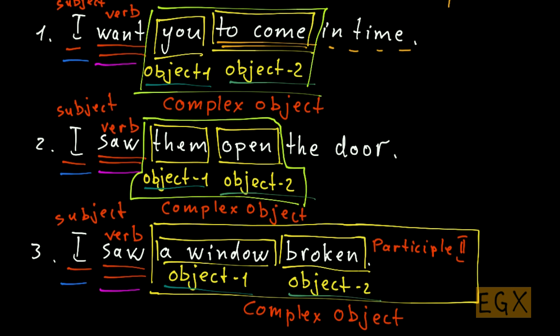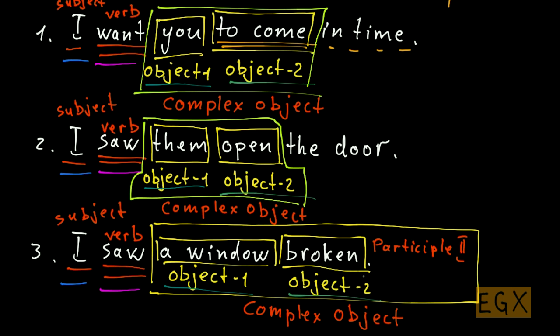The only difference is between the objects number 2. In the first sentence, it is full present infinitive. In the second sentence, it is present infinitive, but it is bare infinitive without to. Why? Because we have a verb based on physical perception. And as for the third sentence, we have participle, or past participle.